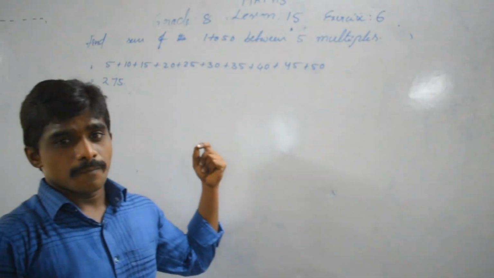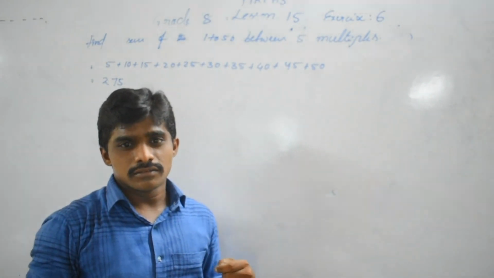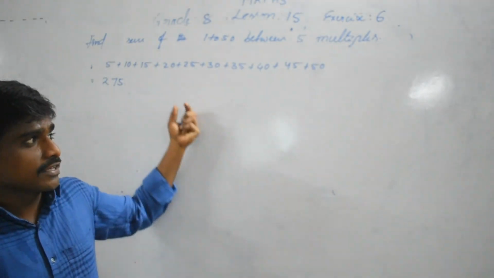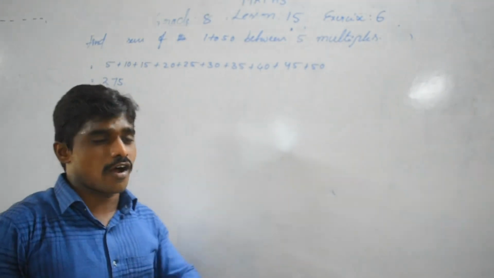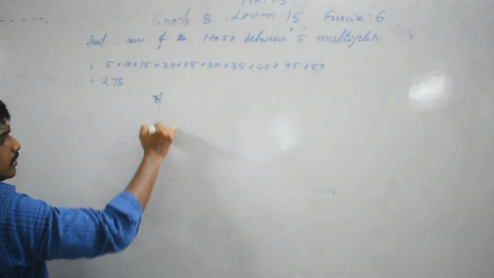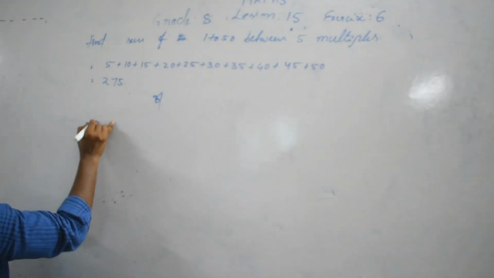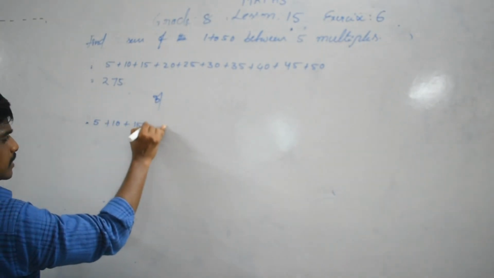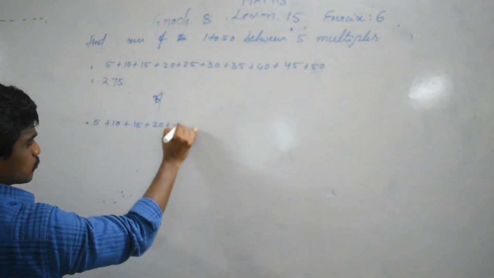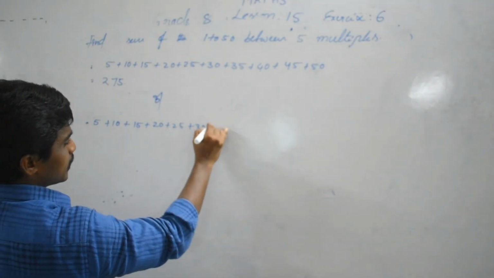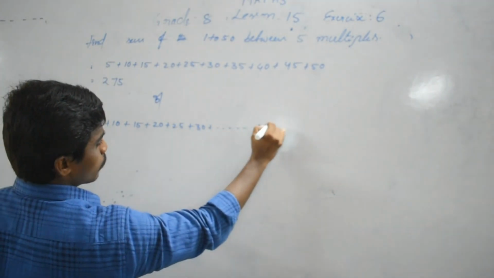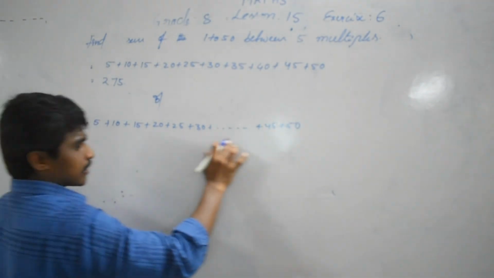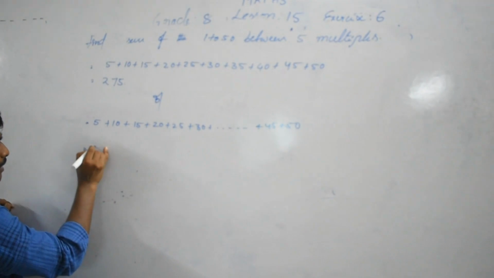But here 1 to 100 given, it takes time, 1 to 1000 takes a large time. So in this case we are using one formula. Here see, 5 multiples: 5 plus 10 plus 15 plus 20 plus 25, 30 and 45, 50. Here which number is common? 5 is common.